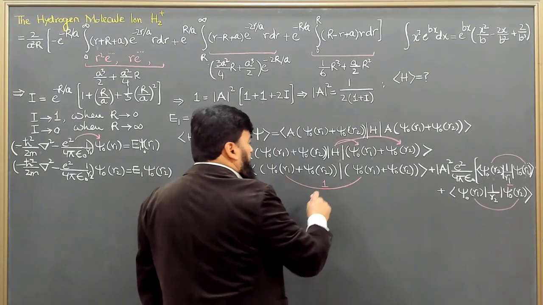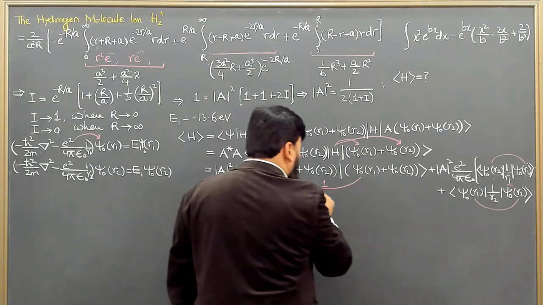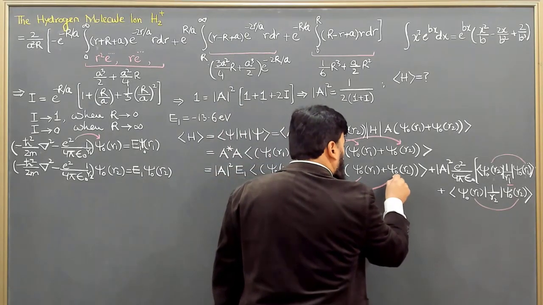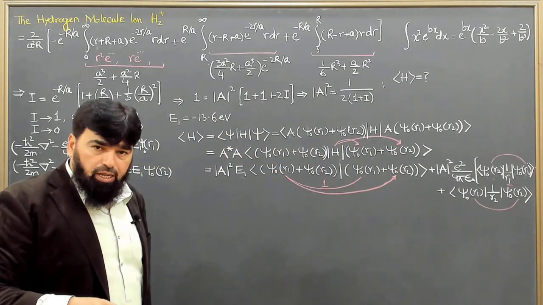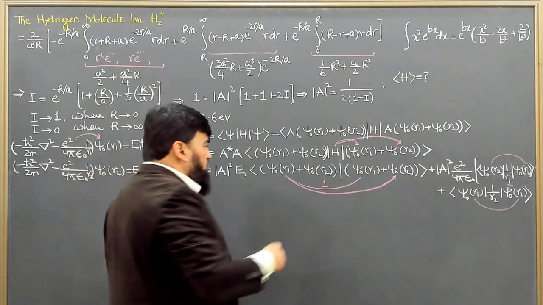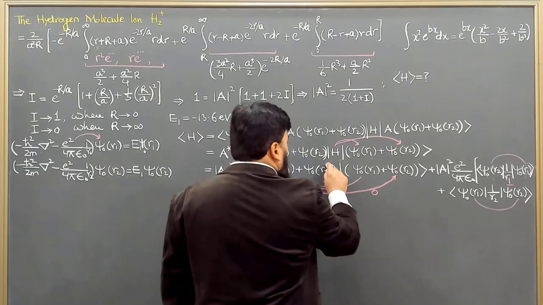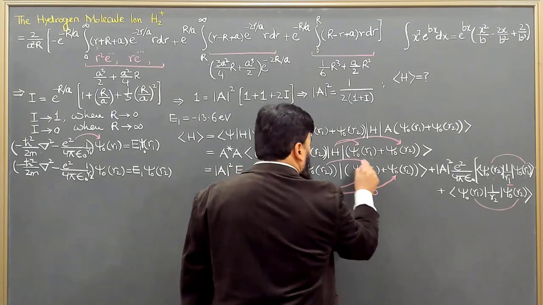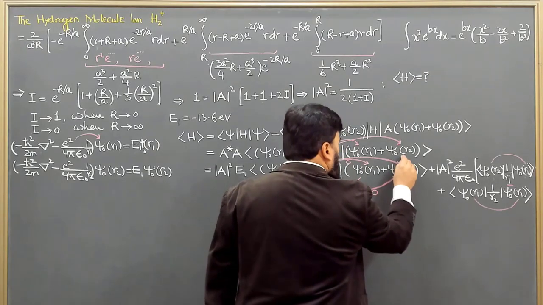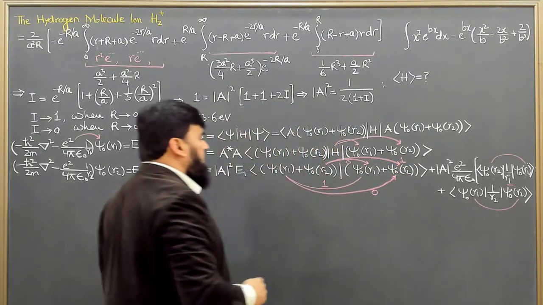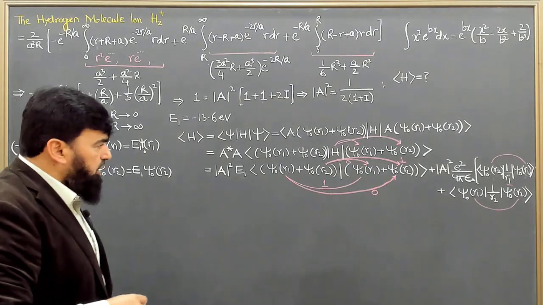But when this psi naught R1 is multiplied with psi naught R2, then they are orthonormal in their nature, so we will have 0 here. Similarly, for psi naught with this one we will get 0, and with this one we will get 1 here. So this thing is easy to understand here.